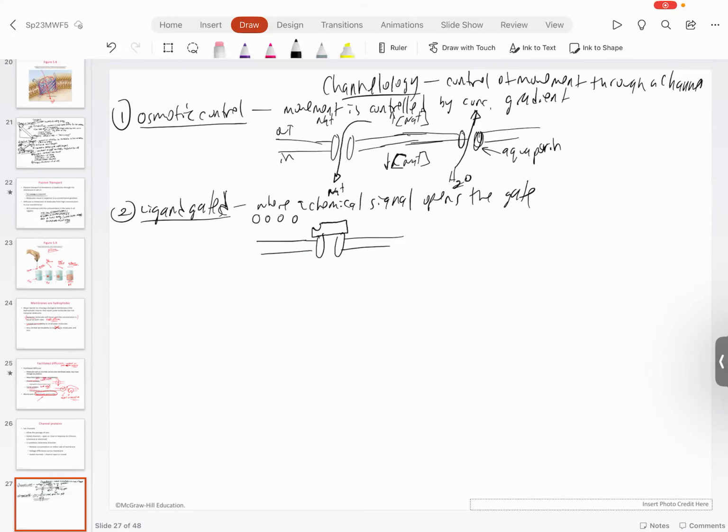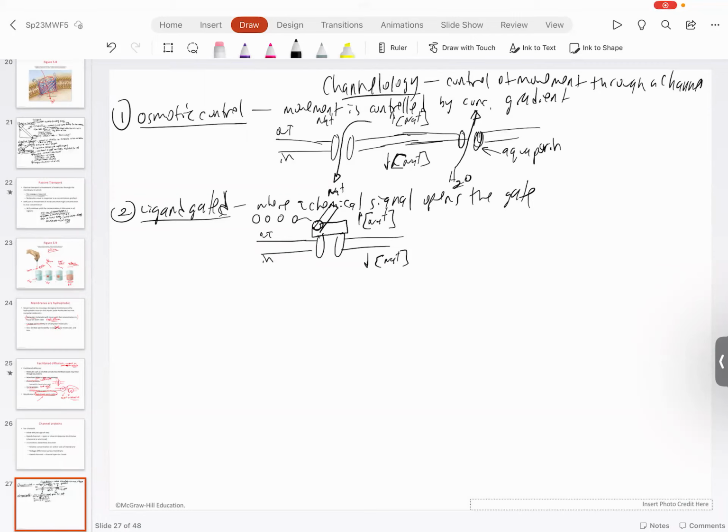So you see these little molecules come in, and when they bind to the gate, it changes the shape of the gate. That gate will open up. Then if we have the same system set up, high on the outside, low on the inside, which direction is sodium going to run?